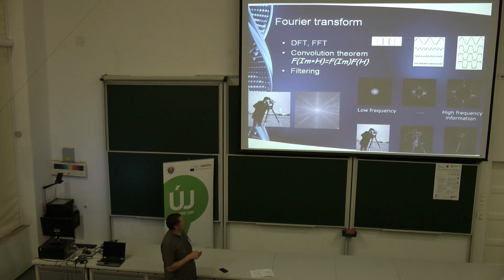If I got rid of these very fine things, then I would get rid of very dense or very quick changes, which is usually either noise or edges. So a Fourier transform can be used to remove noise from the picture and only keep the finer details, or the other way around, to keep just the noise. But that's maybe not the biggest use.